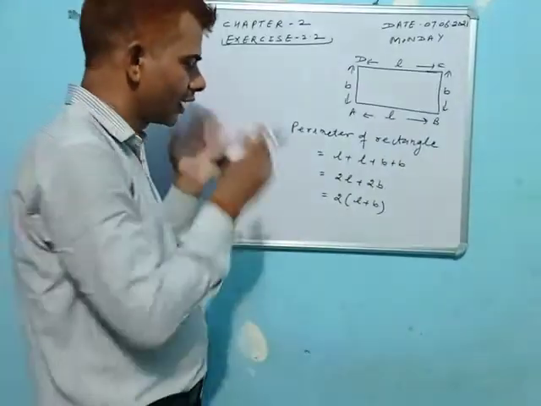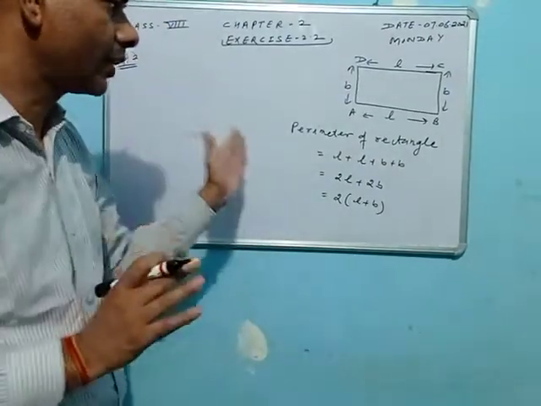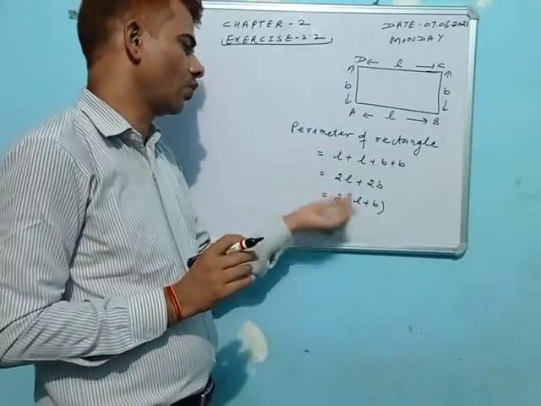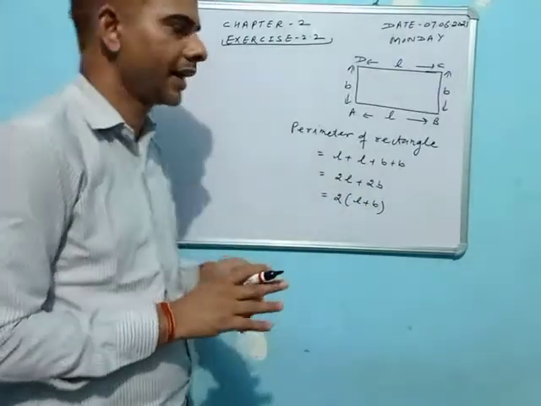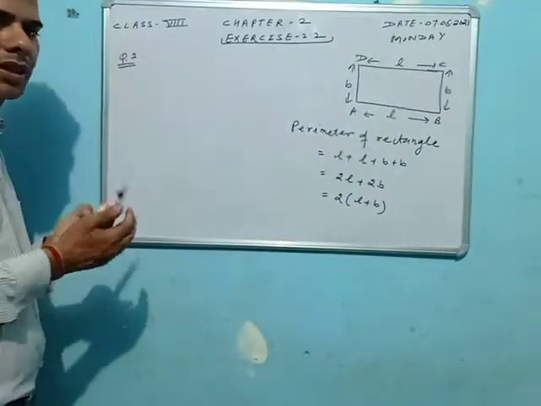Please note it down and keep in mind that the perimeter of a rectangle is twice of bracket L plus B.